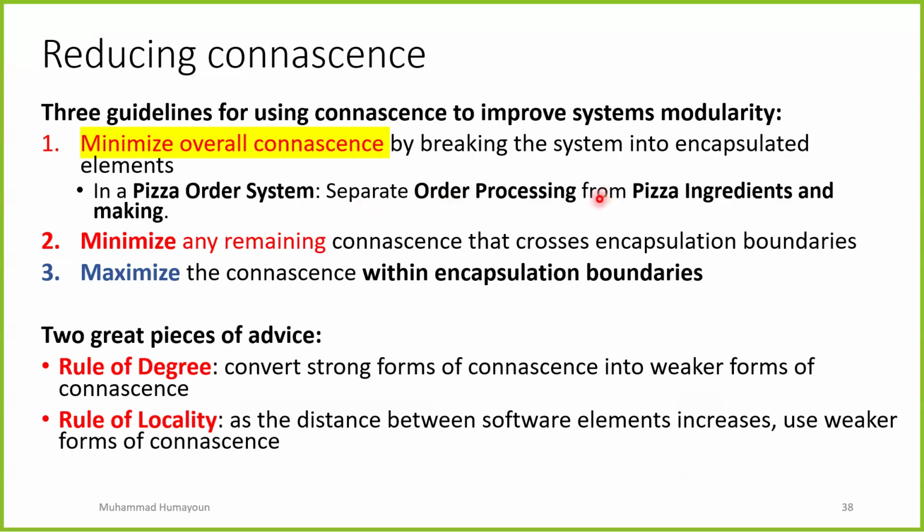Try to make two modules at least. Minimize any remaining connaissance that crosses encapsulation boundaries. Minimize the connaissance within encapsulation boundaries. And of course, control the rule of degree, convert strong forms of connaissance into weaker forms. That is coming from dynamic to static. And rule of locality, try to bring similar modules closer to each other within your code base.